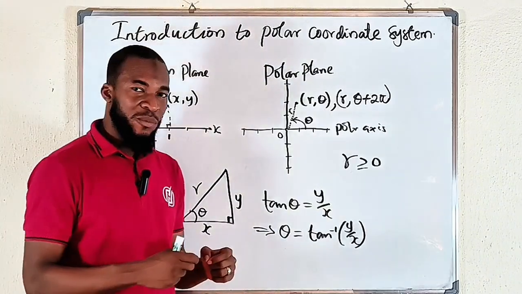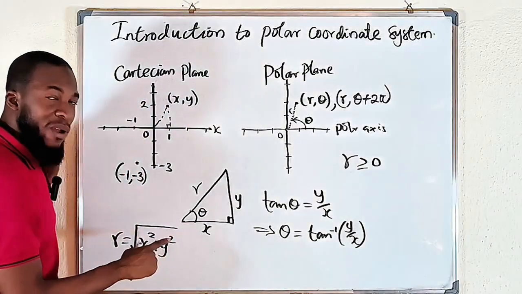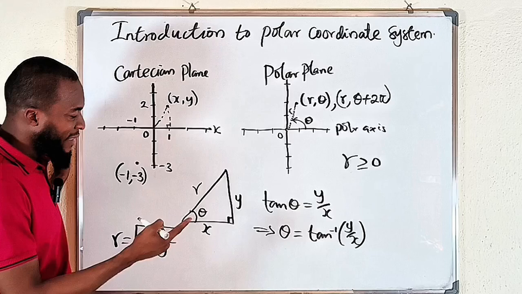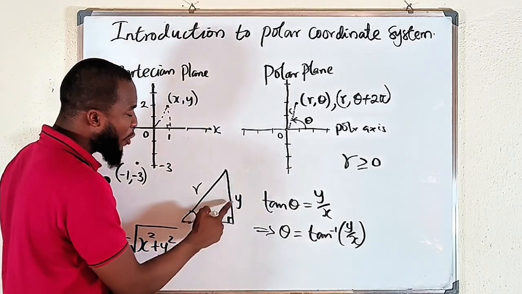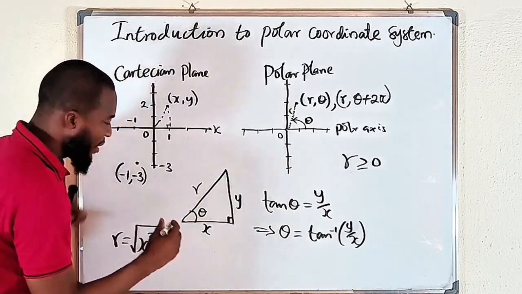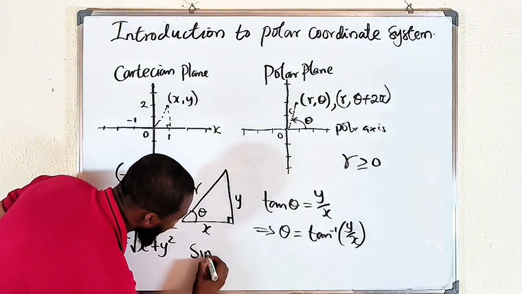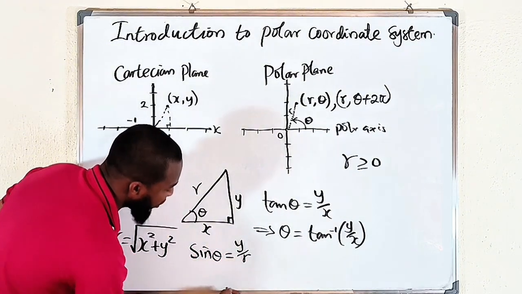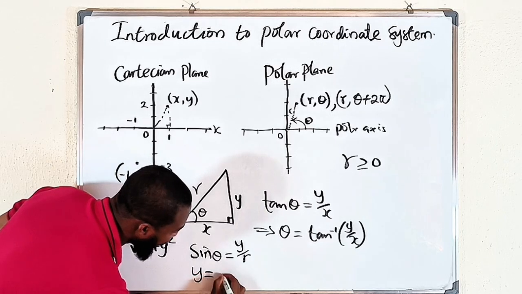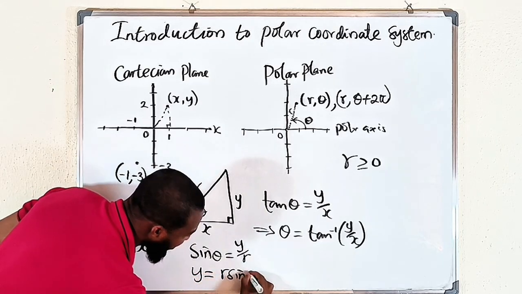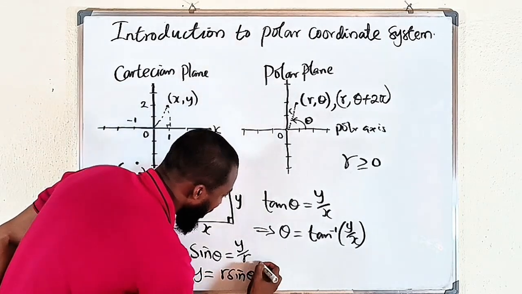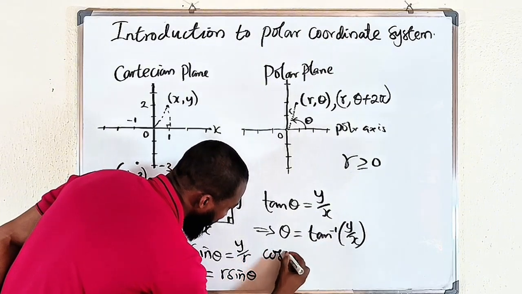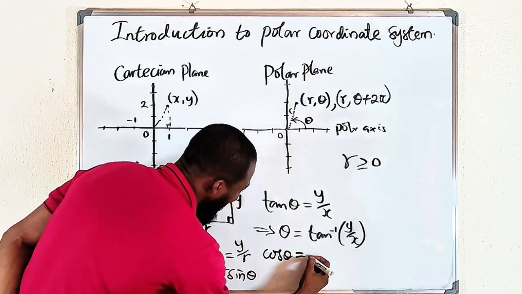There is another relationship you should know. Sine of theta is equal to what? Opposite divided by hypotenuse, which implies that y is equal to r sine theta. Another one: cosine of theta is equal to what?